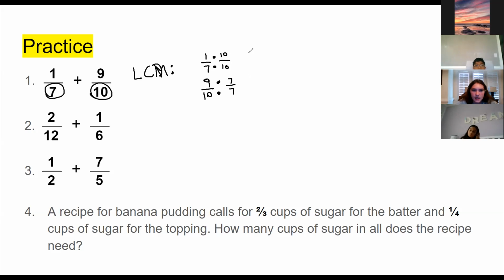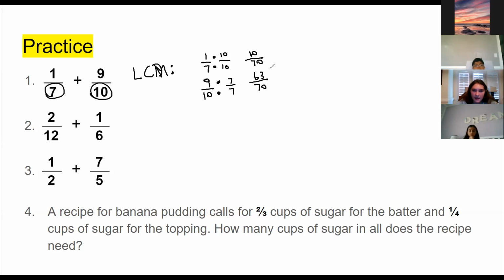So 1 times 10 is 10, and then 7 times 10 is 70. So 9 times 7 is 63, and then 10 times 7 is 70. So 9/10 is 63/70. And then 1/7 is 10 over 70.